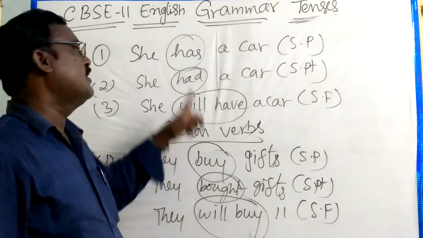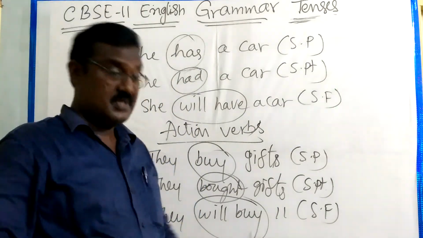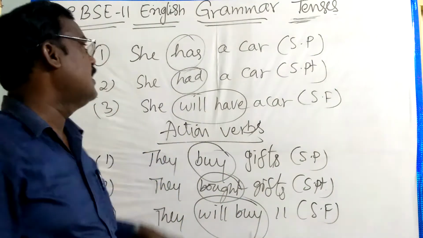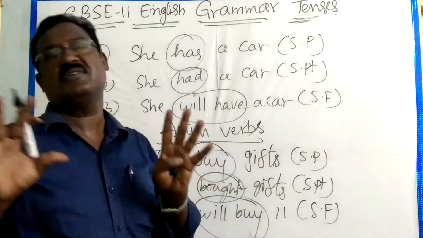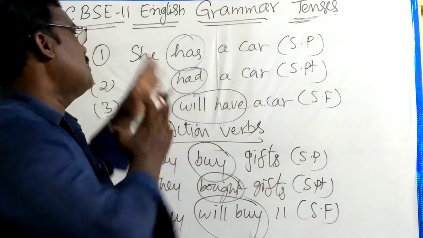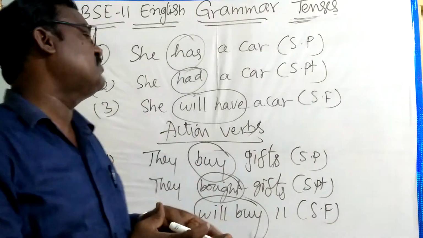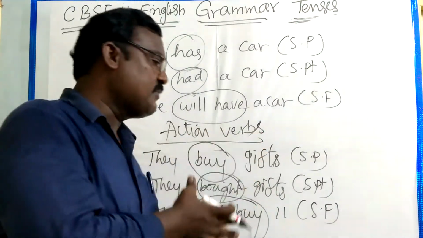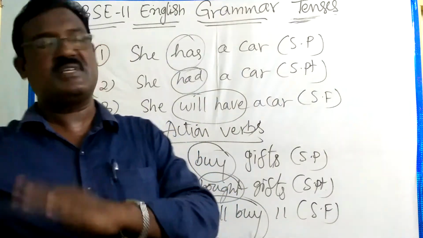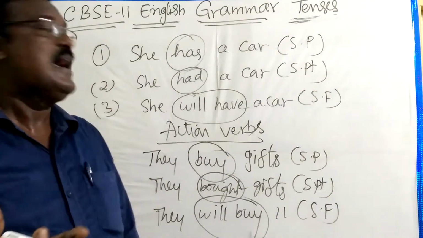So here there are three types of verbs in the English language. Remaining verbs, there are some other verbs we can discuss later. But here the important verb forms are be forms, have forms, and action verbs. Now we understood the present, past and future forms of be forms, have forms, and action verbs.